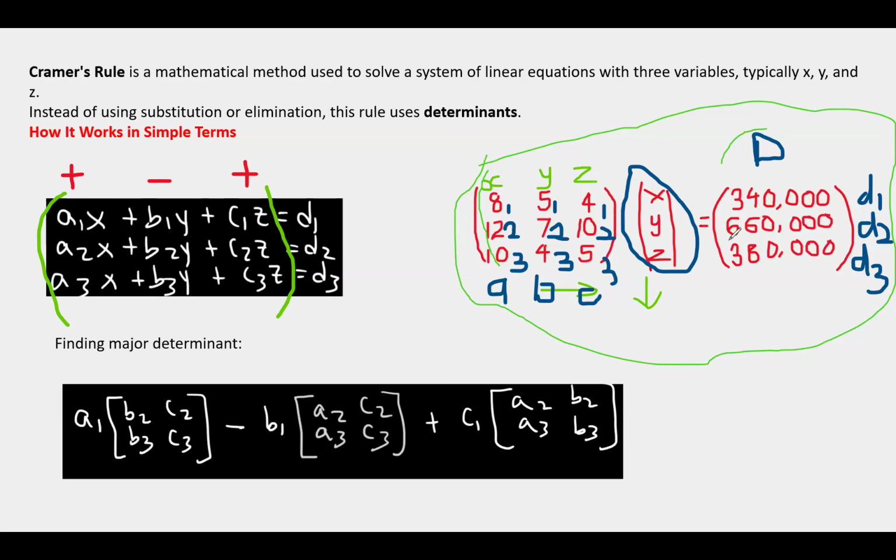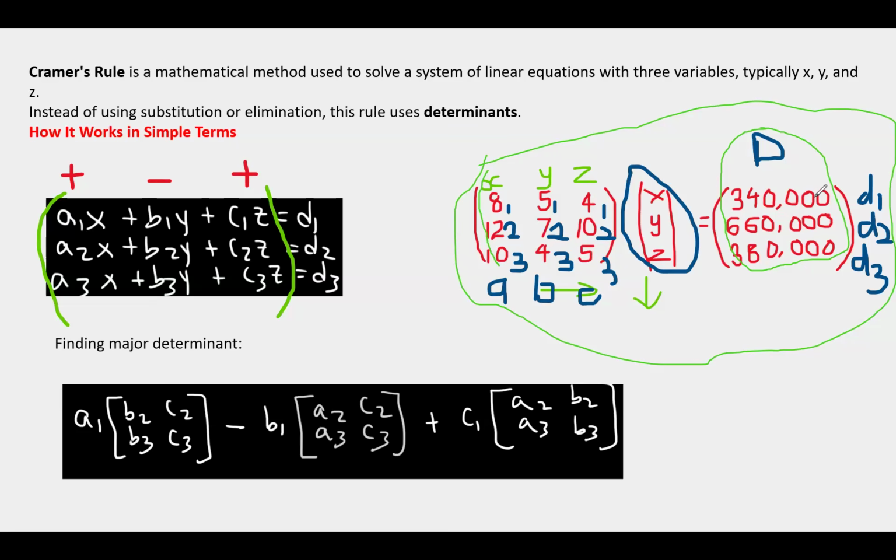If you just look at the picture here we had a, here we have b, and here we have c. So we're going to replace the values under where x is with the totals for each, let's say t-shirt, pair of shoes, and trousers. So all the total values are going to be replaced where x is. Kindly take note of that.